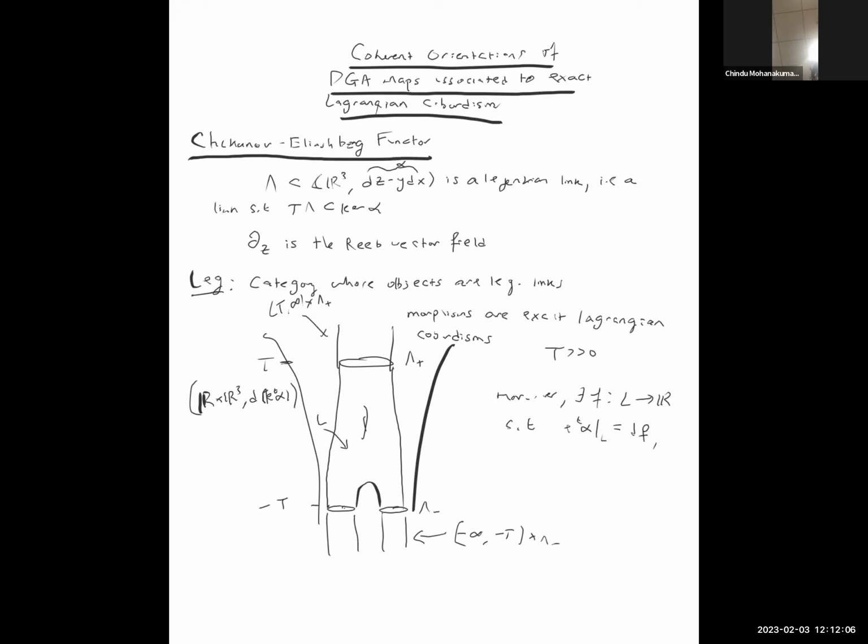Moreover, f takes on potentially different constant values on each cylindrical end respectively. And those do indeed have to be constant. They can't just be locally constant.